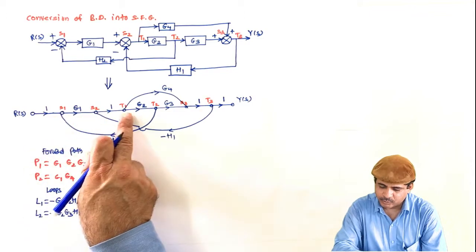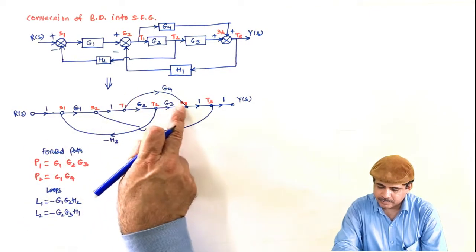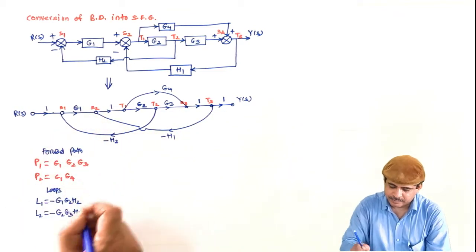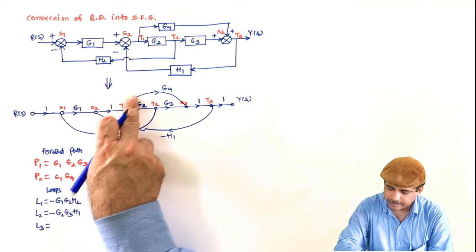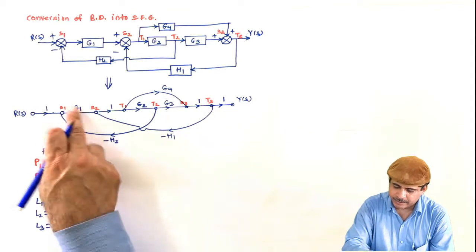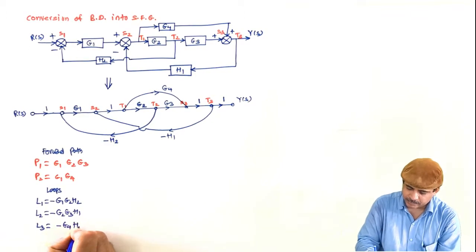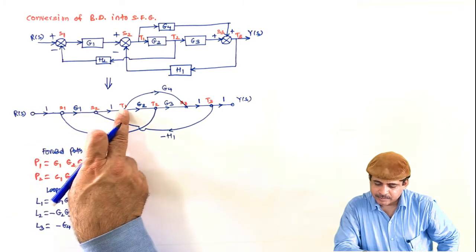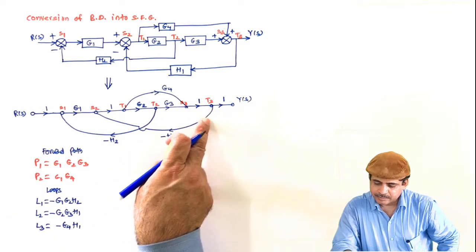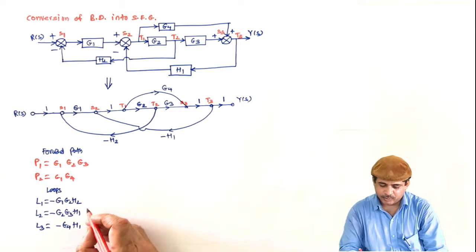This is repetition, so no. Then this one, yes, this is there, L3. This one, see, minus G4, H1. Anybody else? Nothing else. Finished. Then think of non-touching.